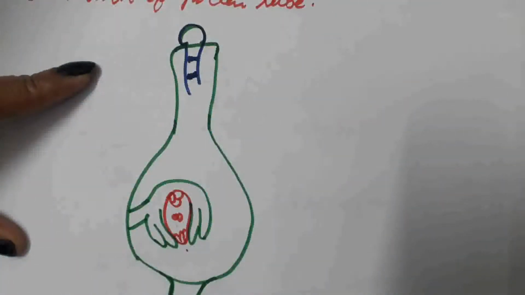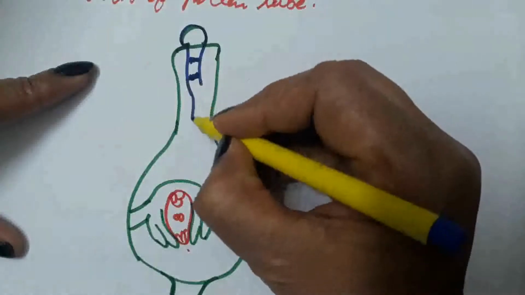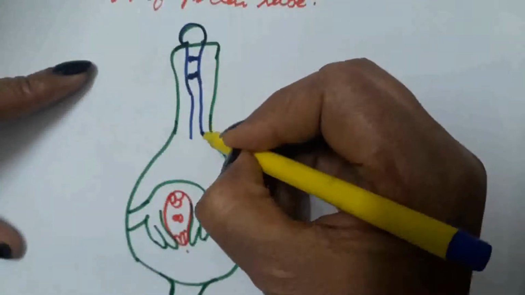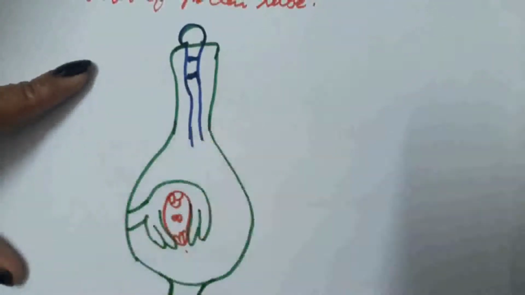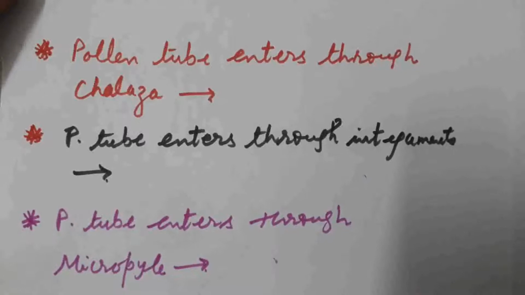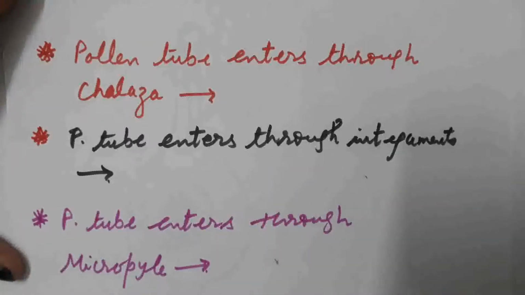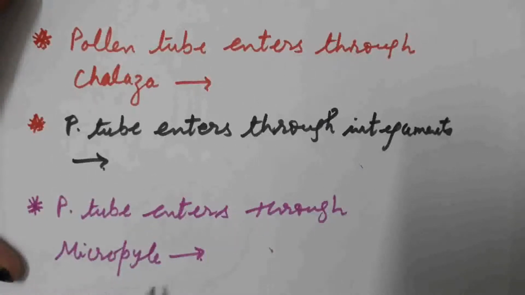There are three ways through which the pollen tube enters inside the embryo sac and releases the male gamete. Either the pollen tube enters through the chalazial end, or it enters through the integuments, or it enters through the micropyle.